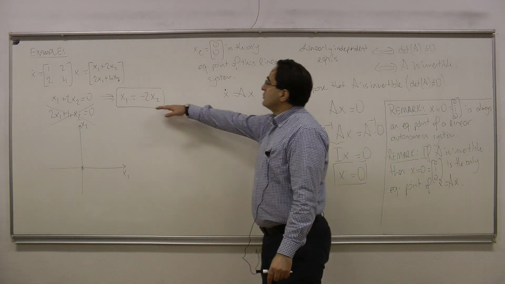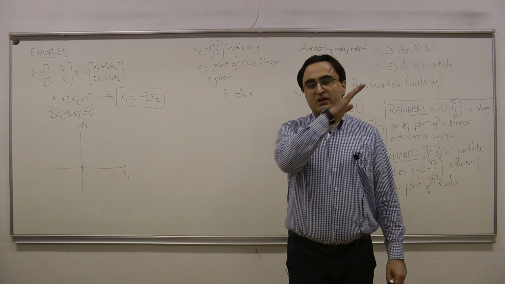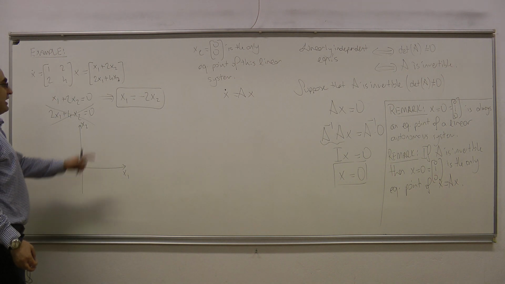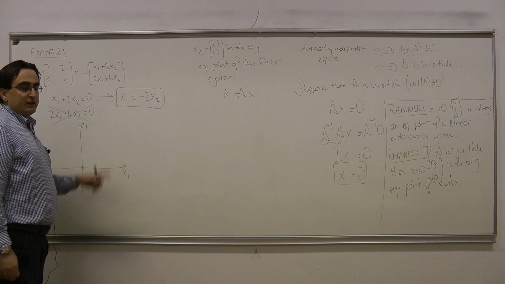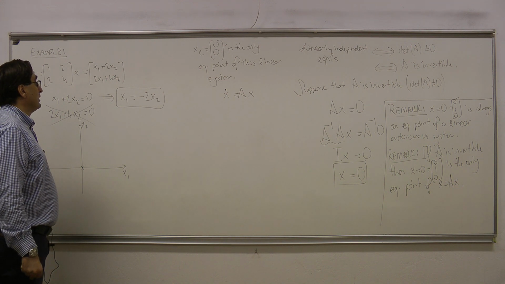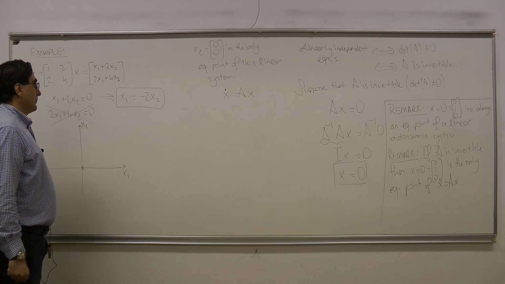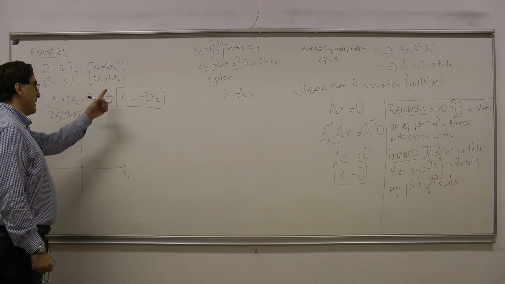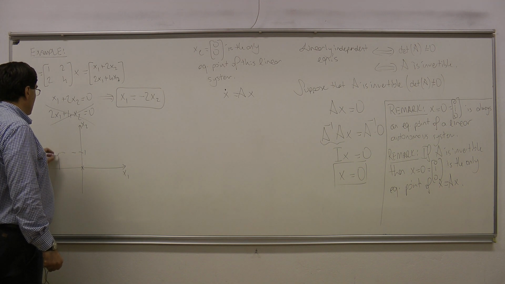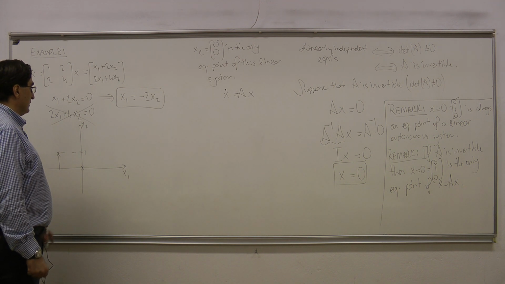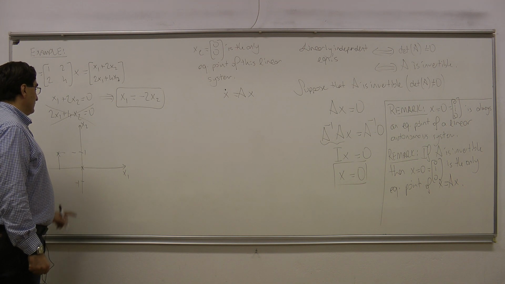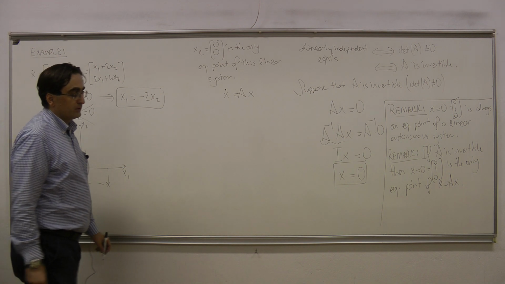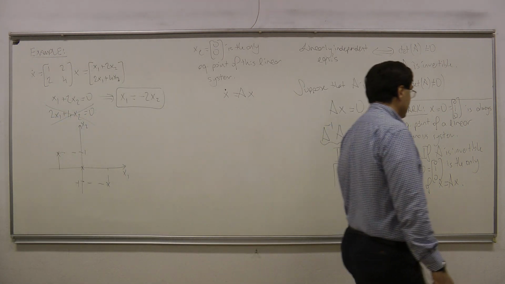This equation denotes a line passing through the origin, and any point on that line is an equilibrium point. For example, take x2 equals 1. Then x1 has to be minus 2. So I have this equilibrium point as well. If x2 is minus 1, then x1 is plus 2. So this is another equilibrium point of this linear autonomous system.